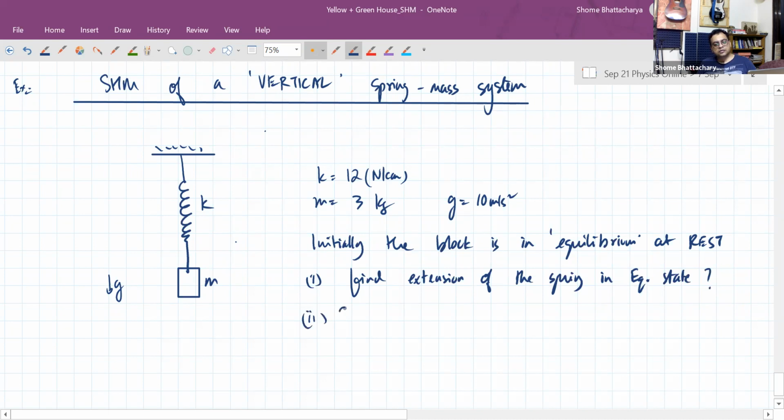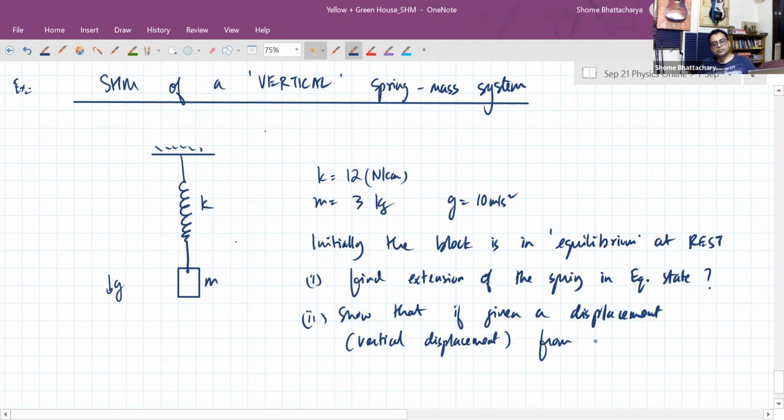Second, show that if given a vertical displacement from equilibrium state, the block performs SHM, and find the time period again.